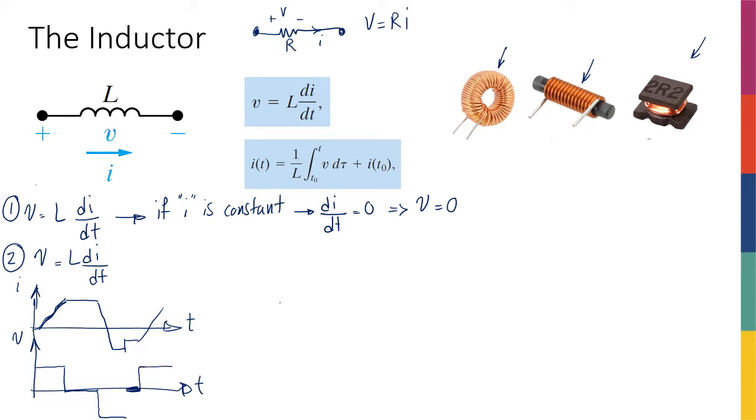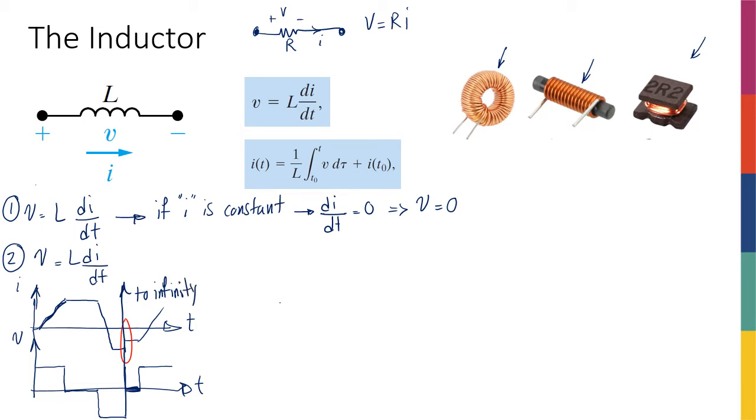The problem is exactly at this point, right? At this point, the di over dt is infinity, so my voltage has to go to infinity, right?